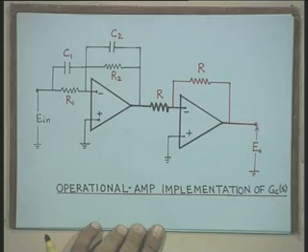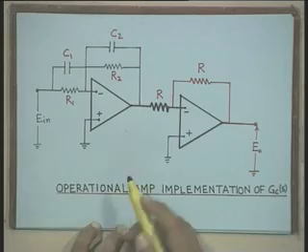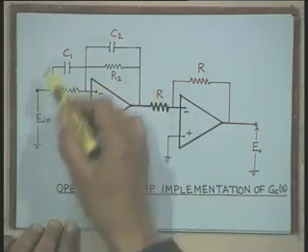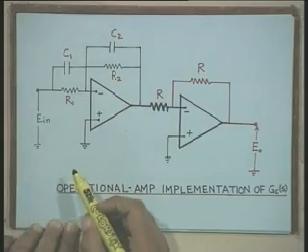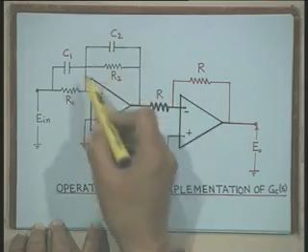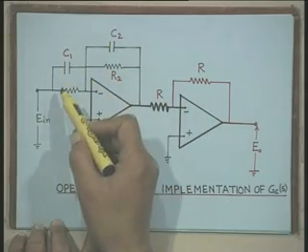Now, to realize this phase lead controller or phase lead compensator, the simplest arrangement for its implementation using operational amplifiers is shown here. In this portion of the operational amplifier circuit, this is the feedback impedance portion and this is the input impedance.